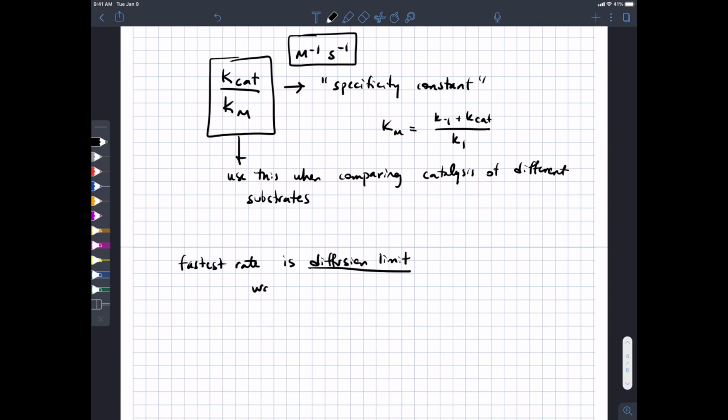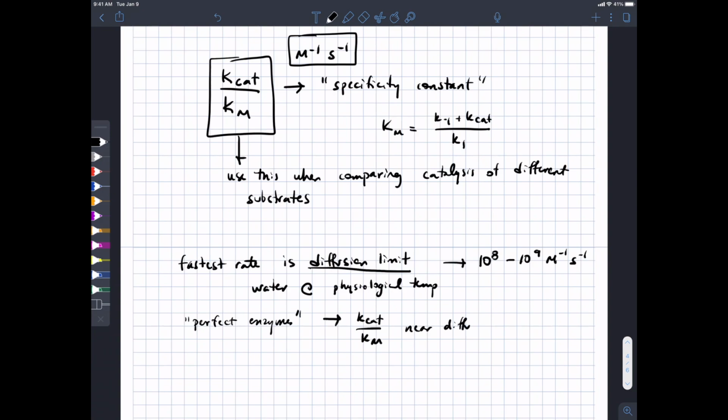And in water at physiological temperatures, this diffusion limit is about 10 to the 8 or 10 to the 9 per molar per second. So the most perfect of enzymes will have kcat over Km near the diffusion limit.